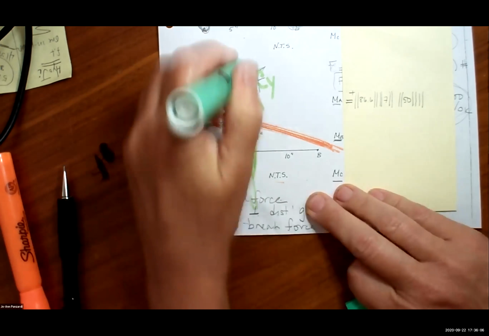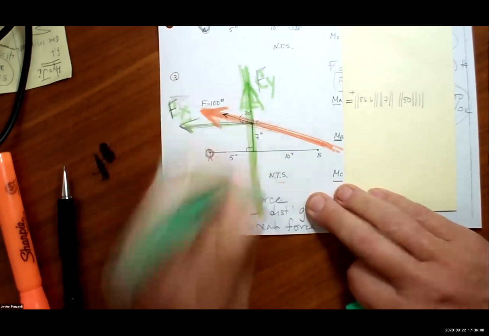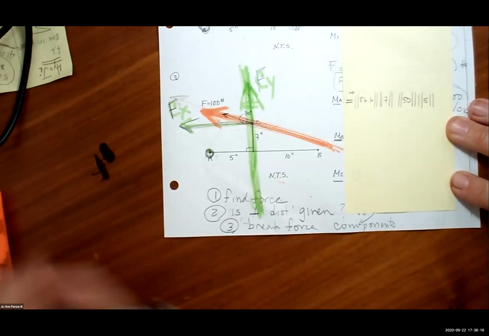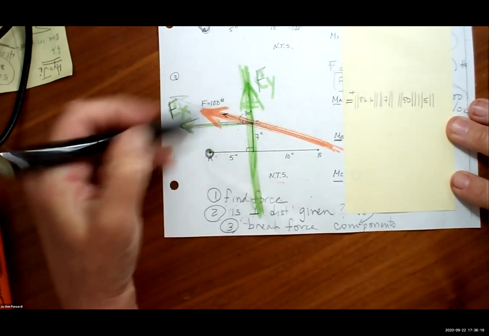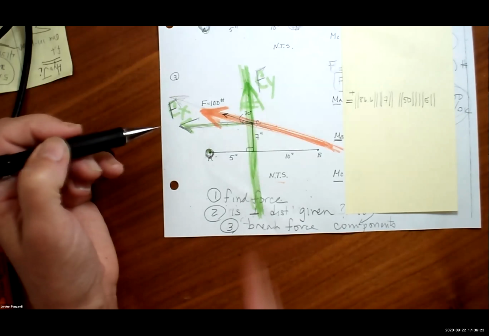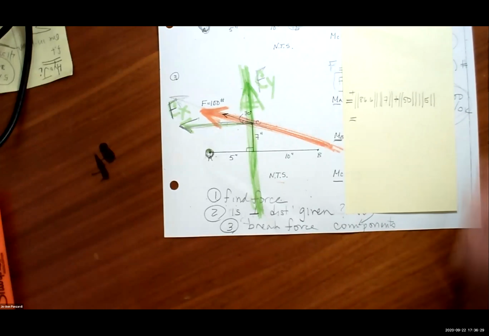Force is going like this. Here's the force. Here's the point. What is it? 5. Right. And now, is this FY creating a positive or a negative moment about A? Fingers go in the direction of the force. Positive. Positive. So what does this come out to be?